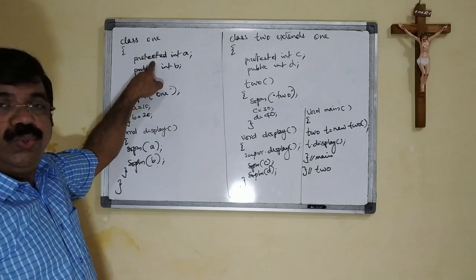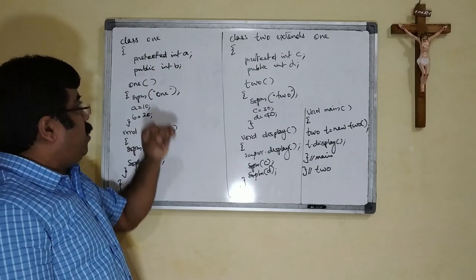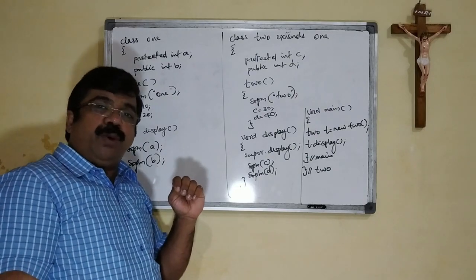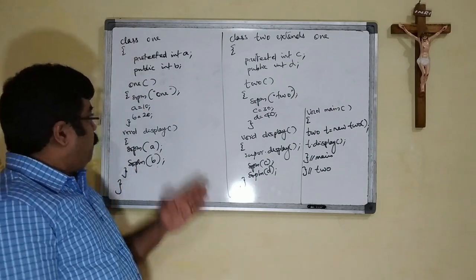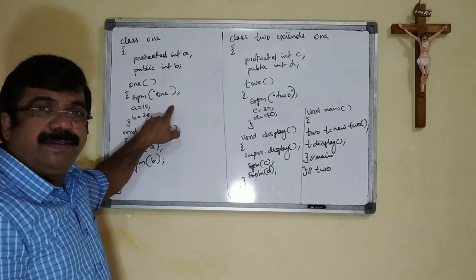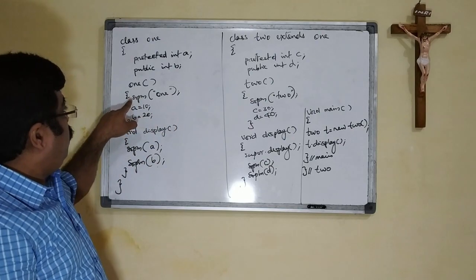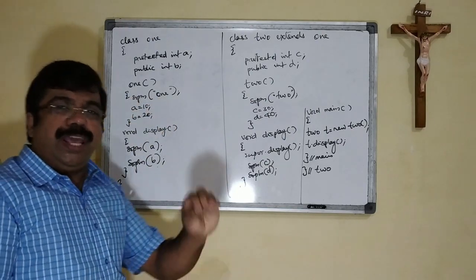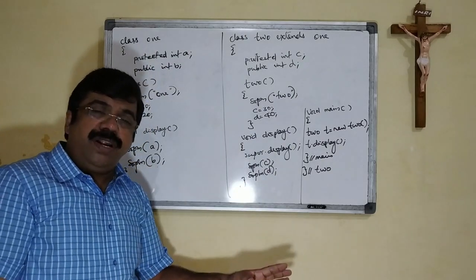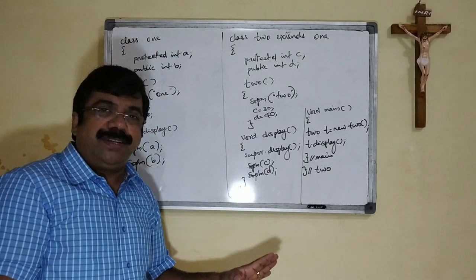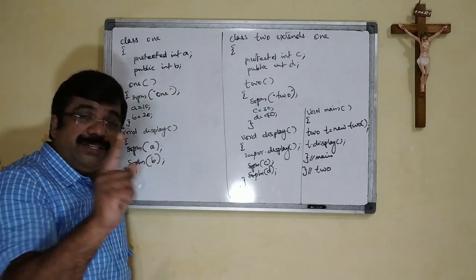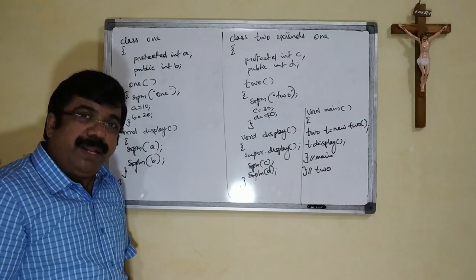It has two data members, int A and int B, given as private, protected, and public. Then the constructor of the base class. So, parent 1. This is only a message, given to show that the constructor is getting executed. That means whenever this constructor is called, the message 1 will be displayed.